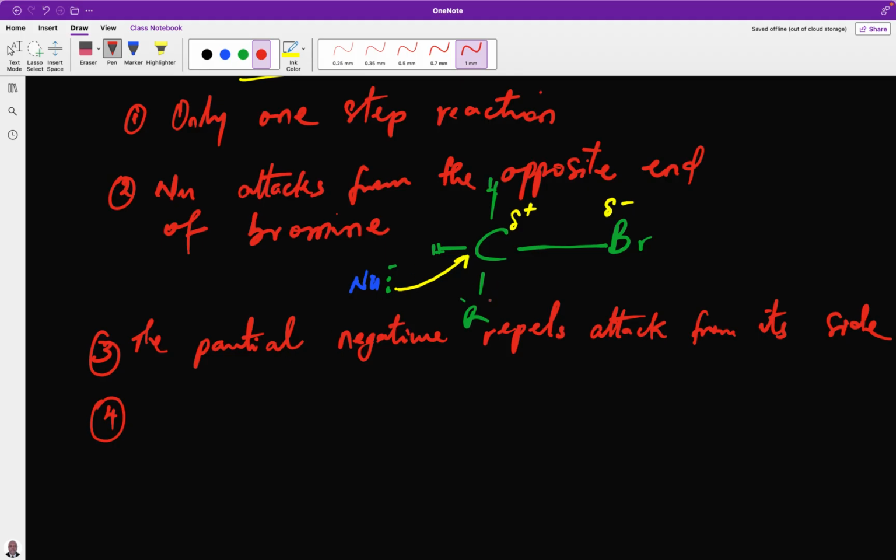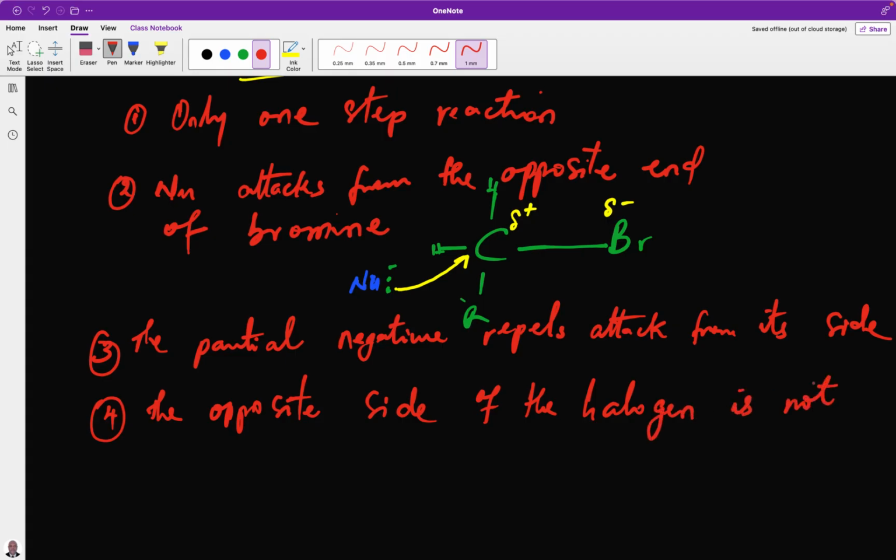The opposite side of the halogen is not bulky, or let's say not clustered with alkyl groups.